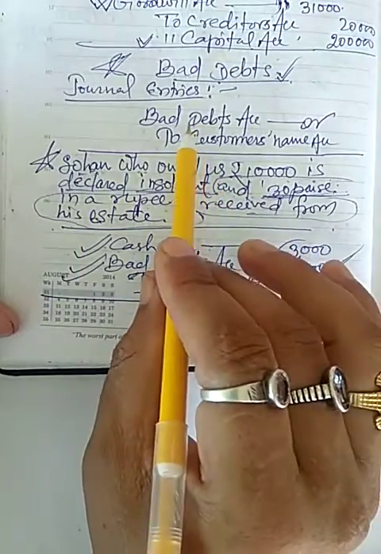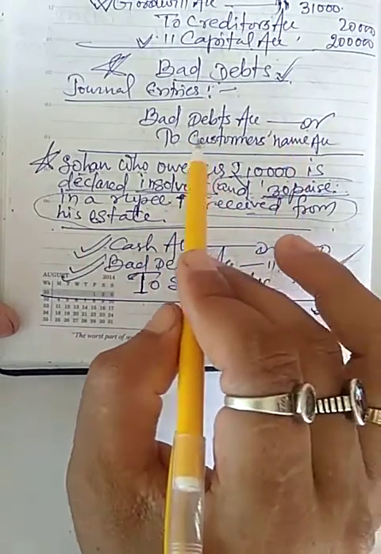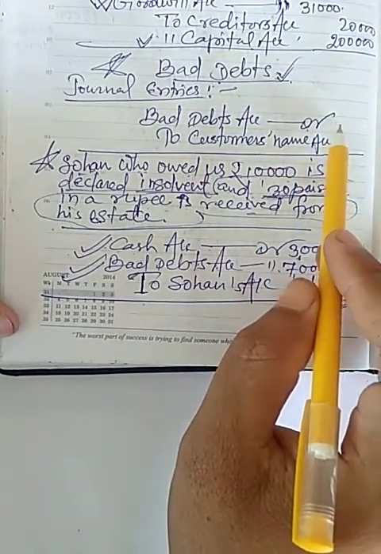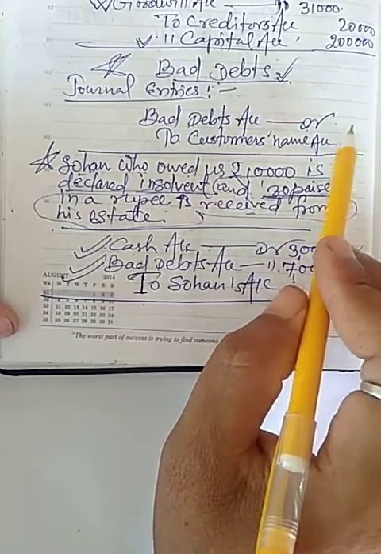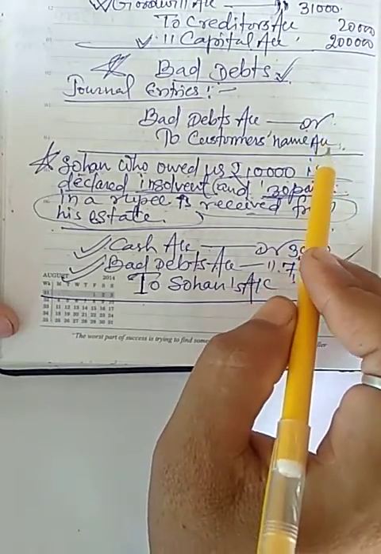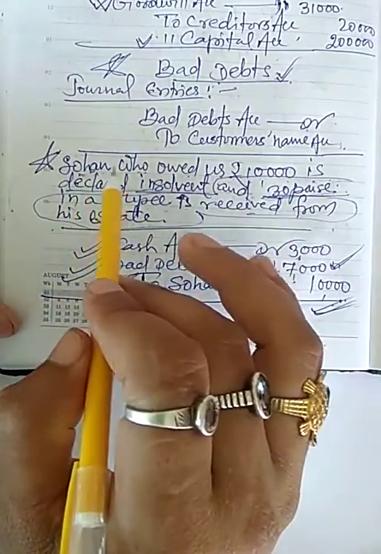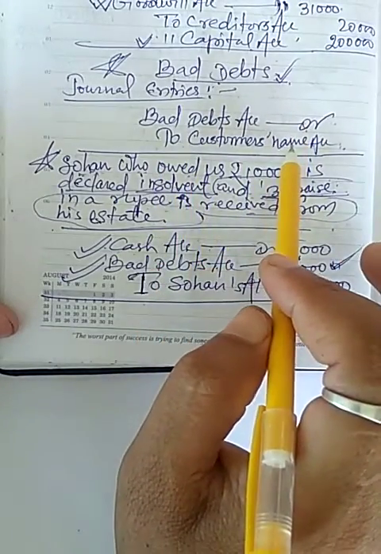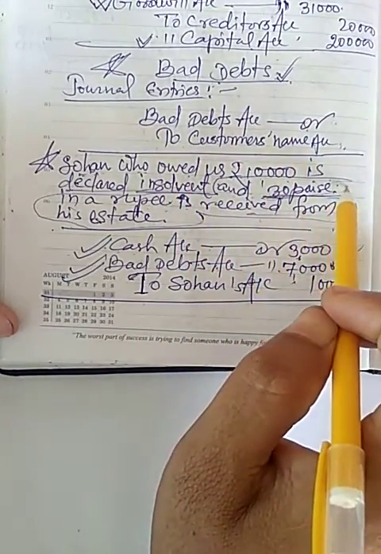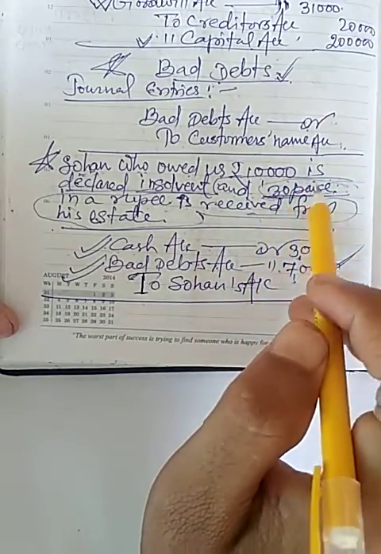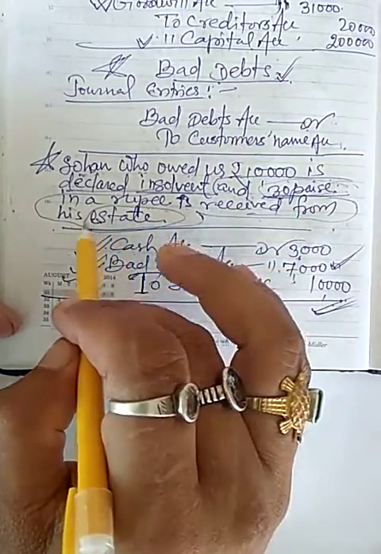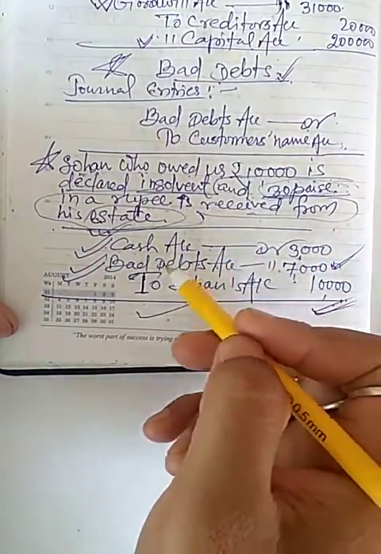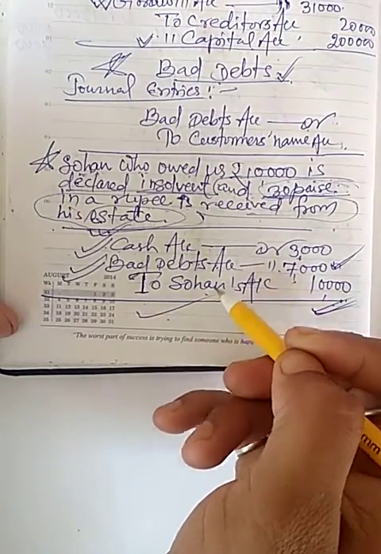Then I will do the journal entry: bad debt account DR to Sohan's account, and the amount will be 10,000 because the full amount is irrecoverable from Sohan. So the journal entry will be bad debt account to Sohan's account. But in this question, 30% of the amount is received from his estate. Estate means assets. So the journal entry will be cash account DR, bad debt account DR to Sohan's account.